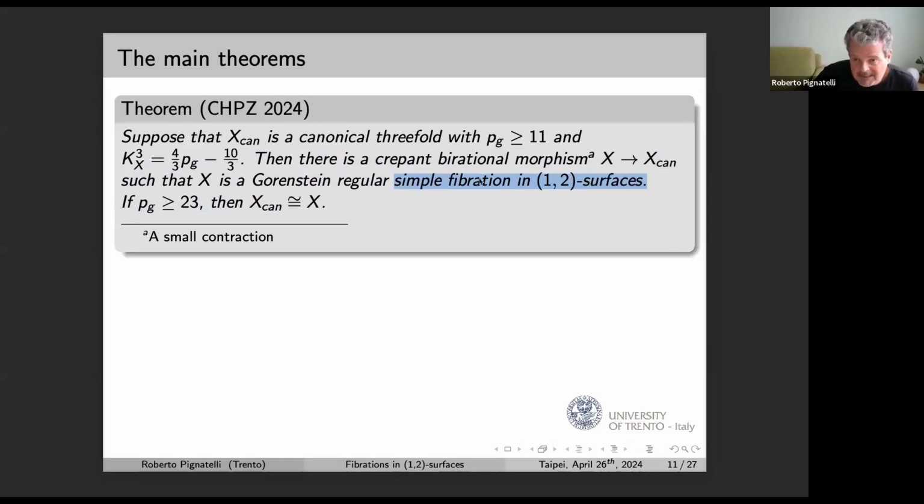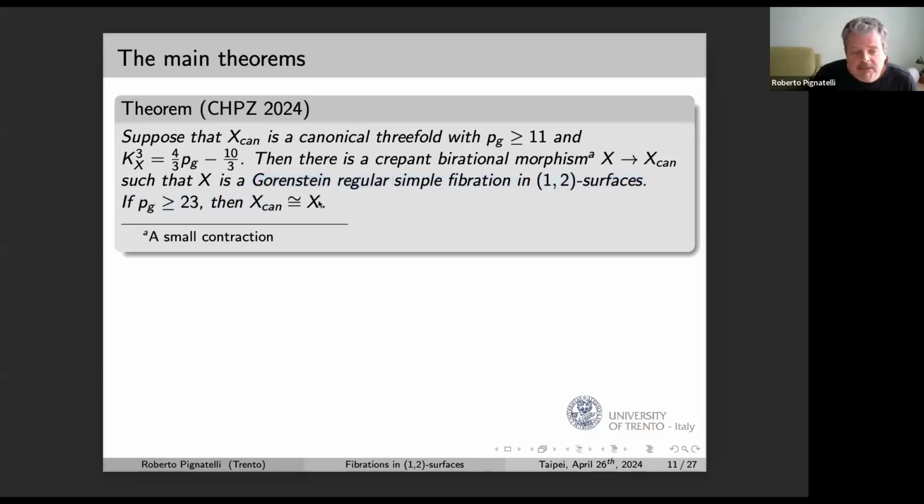X is a simple fibration over curves with fibers surfaces. It must be regular, which means again H^1 of O equals 0 and implies the base curve to be P^1, and it must be Gorenstein, which was already known. We also use this paper where it was already known, but on this Gorenstein we are going to speak a lot.